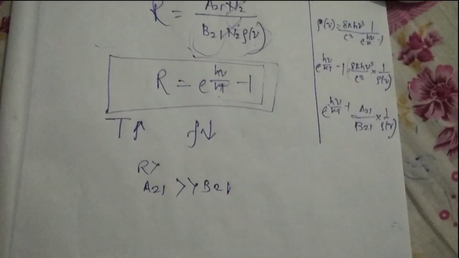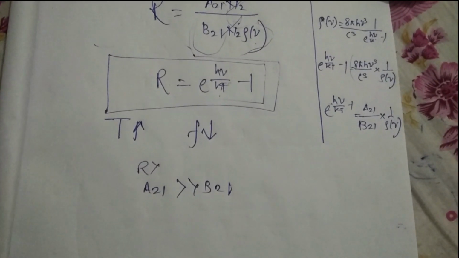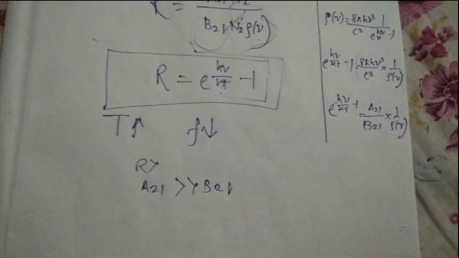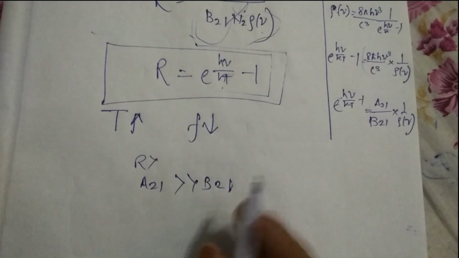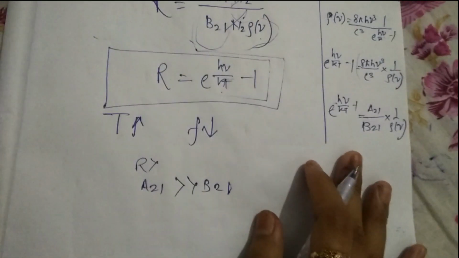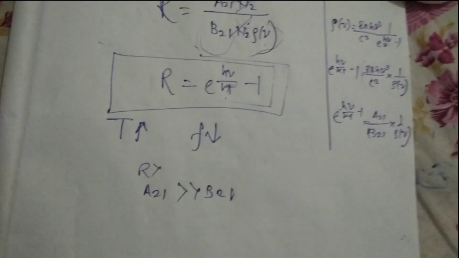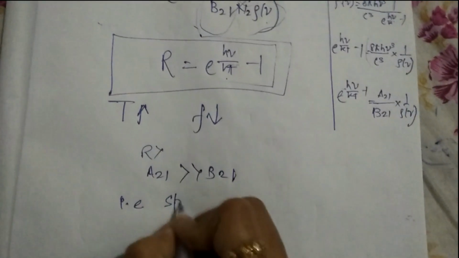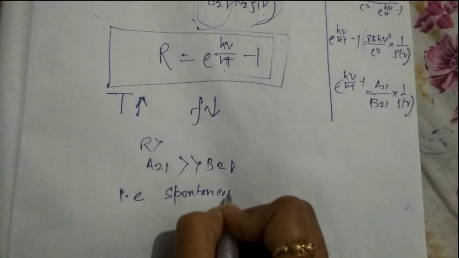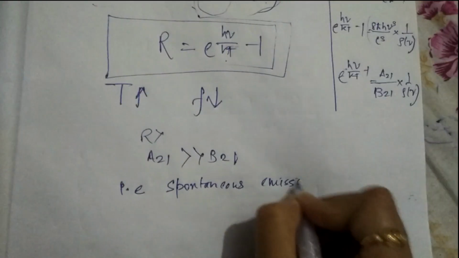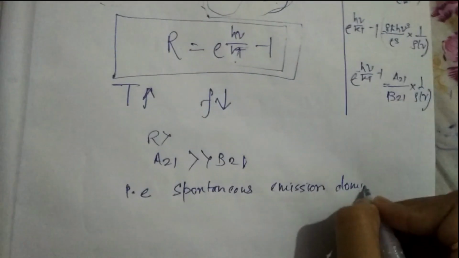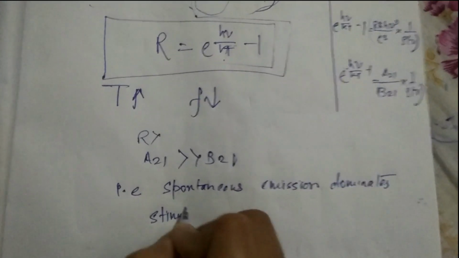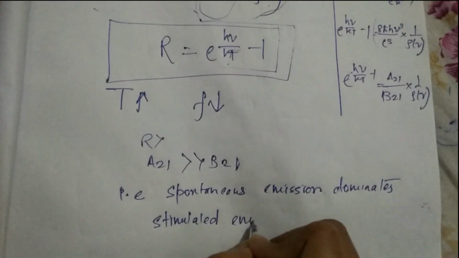But to have a laser light, we know that stimulated emission should be greater than spontaneous emission. Means A21 should be less than B21 to have a laser light. Here spontaneous emission dominates the stimulated emission.